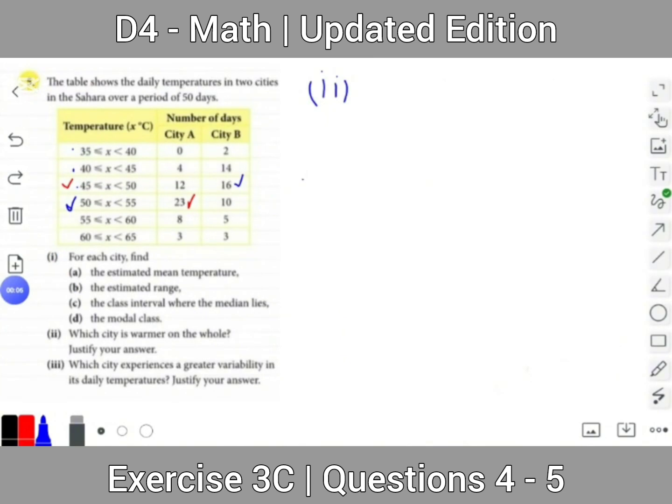In part 2, which city is warmer on the whole? Justify your answer.